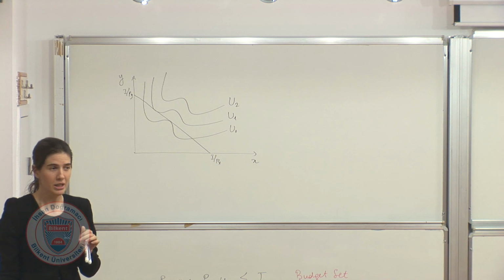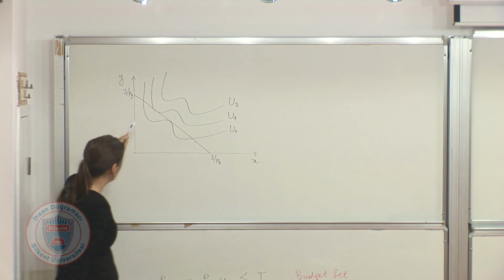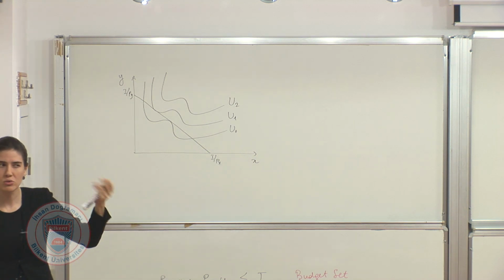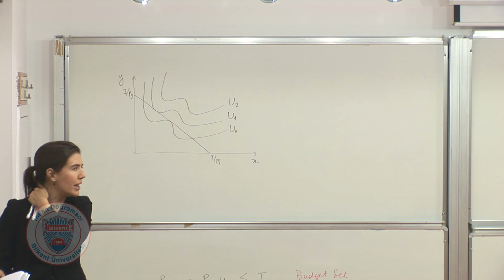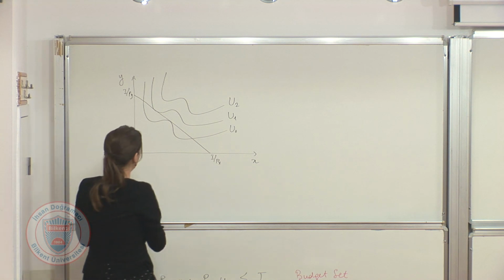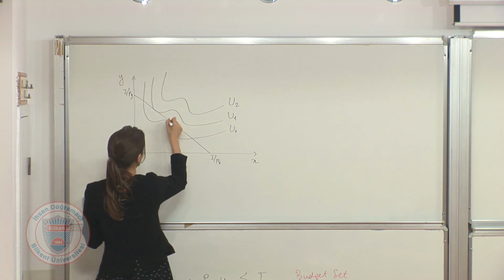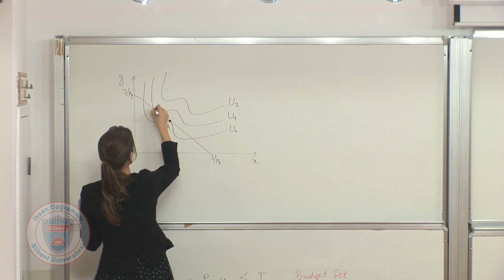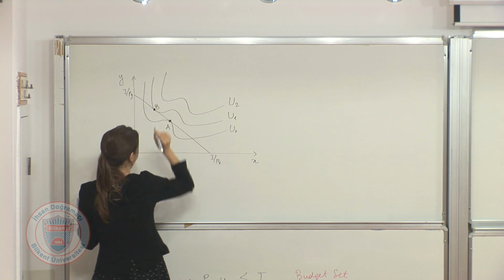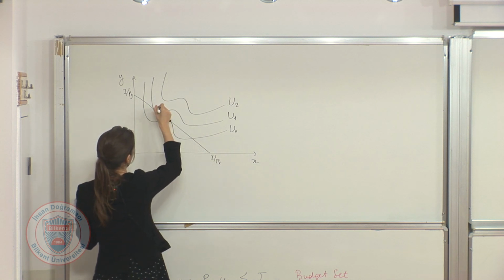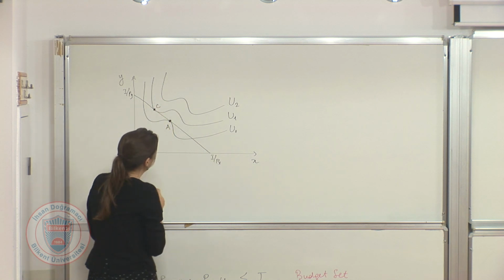Do you remember? And we know that, therefore, this utility function is not quasi-concave. So again, let me have some points. Let me call this point A, this point B, and this point C, whatever.